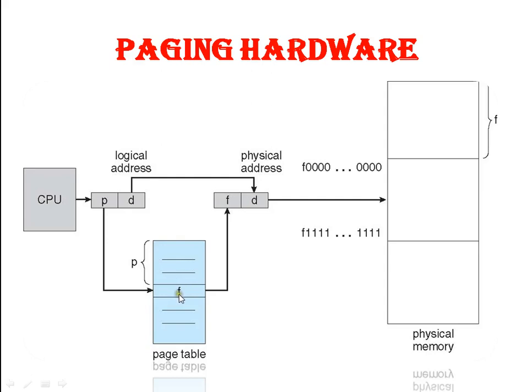After fetching the frame number F for page P from the page table, this F is passed here and your displacement is given here. With the help of the frame number and displacement, you fetch from physical memory where exactly the page is stored.